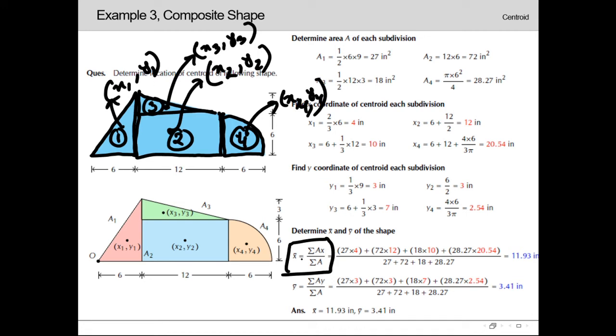Similarly, using the formula of y bar as a1 y1 plus a2 y2 plus a3 y3 plus a4 y4 divided by a1 plus a2 plus a3 plus a4, we will be able to calculate the value of y bar as well.